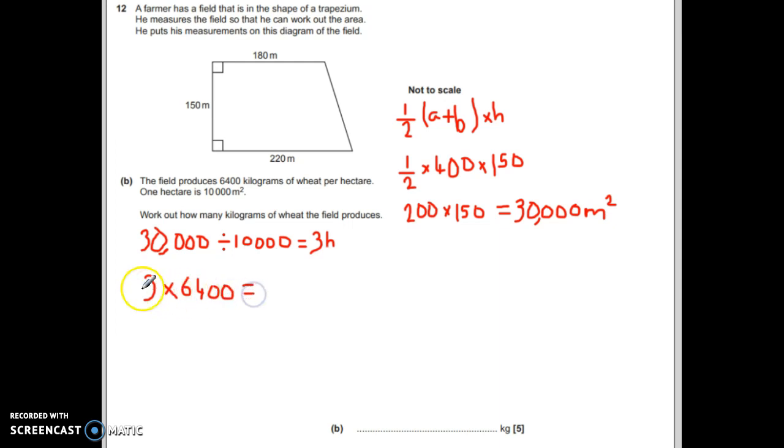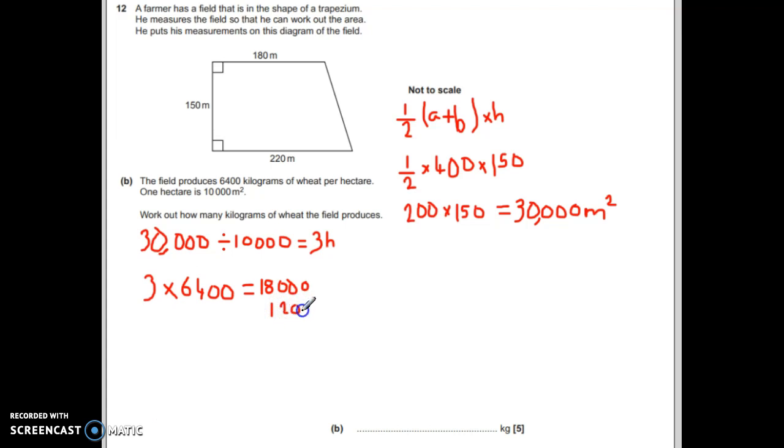If I break it down, 3 times 6 is 18. So 3 times 6,000 is going to be 18,000. And then we've got 3 times 4 is 12, but it's 400, so it's going to be 1,200.